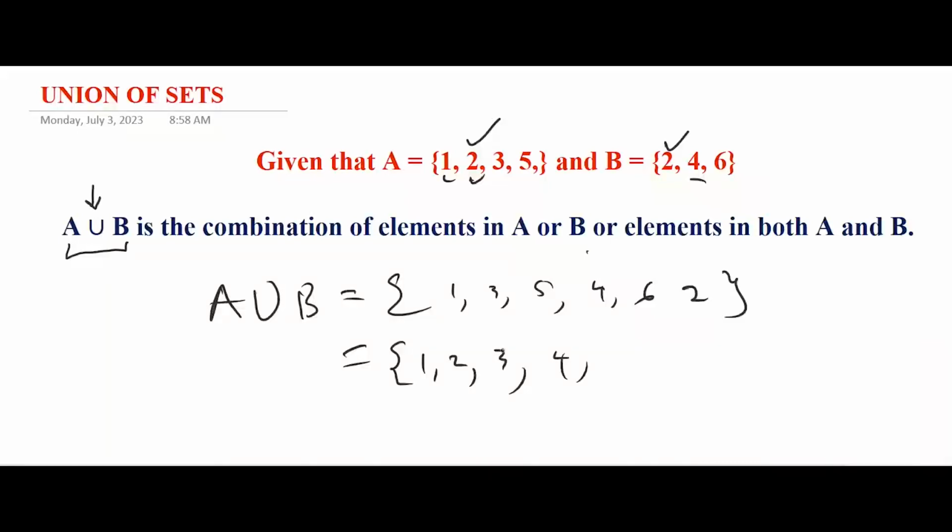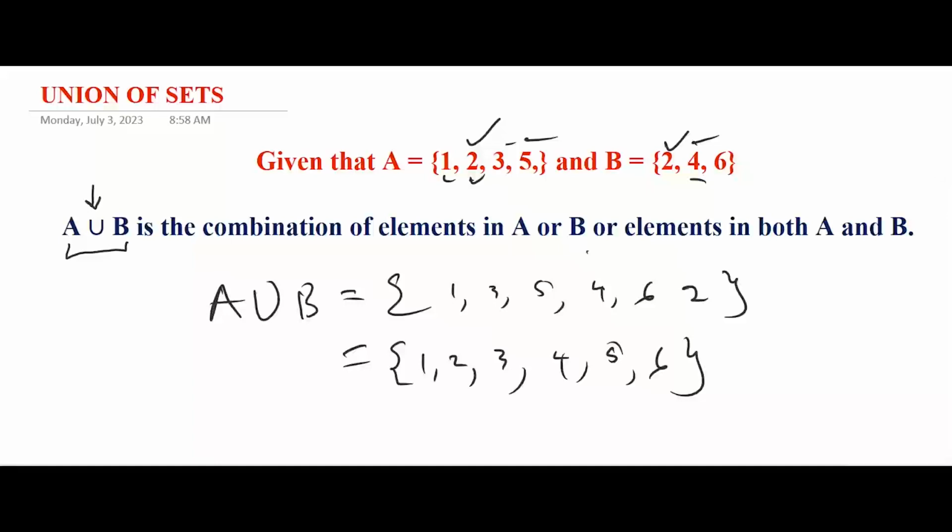Even though you have repetition there, you count them as 1. Then the next one will be 5, and 6. So that is the simplest way you could get the union of sets A and B: just combine the elements in the 2 given sets.